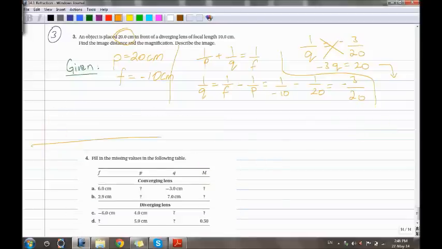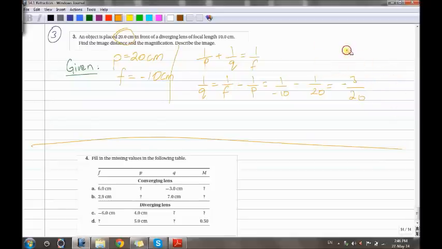Just keep this here, more space. So we'll continue here. The Q would be negative 6.66. So now let's find the magnification, negative Q over P. Negative on negative will cancel each other, so it will just be 6.66 over the P, which is 20.